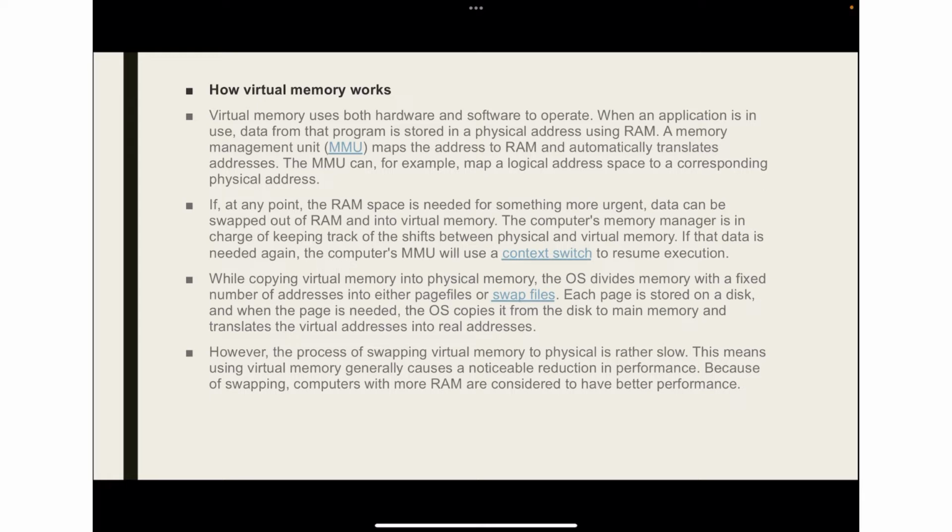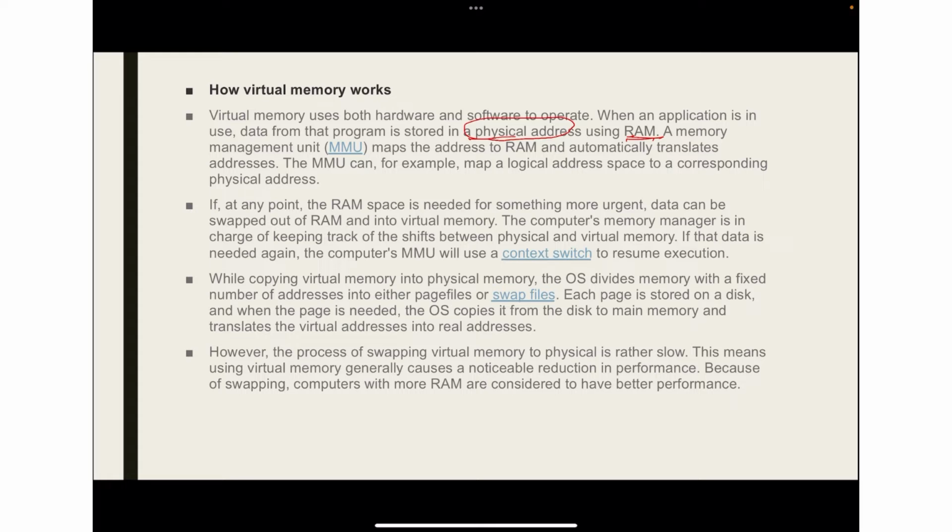So virtual memory uses both hardware and software operation. When the application is in use, data from a program is stored in the physical address using RAM. A memory management unit or MMU maps the address to the RAM and automatically translates the address.